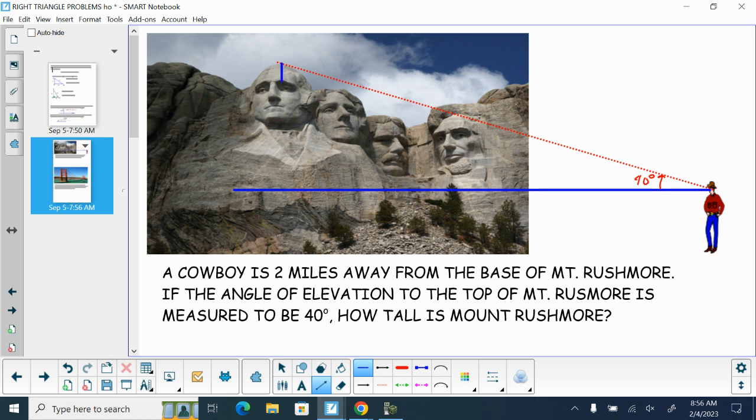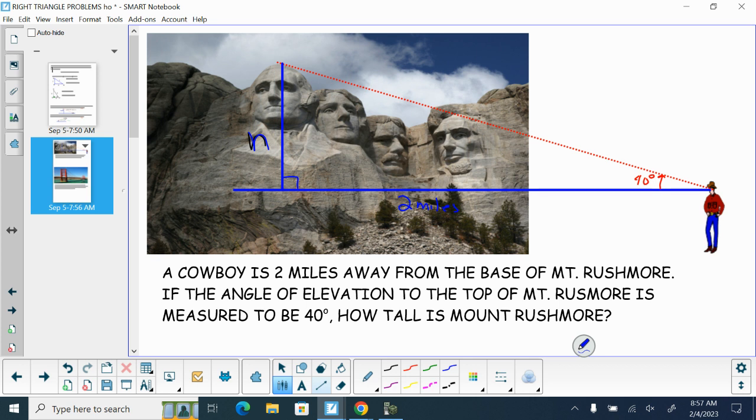So we're looking at this height right here. What is this height? Well, what we have formed is a handy-dandy little right triangle. We know Cowboy Bob is 2 miles away from the base of Mount Rushmore, so we're going to put our 2 miles in here.